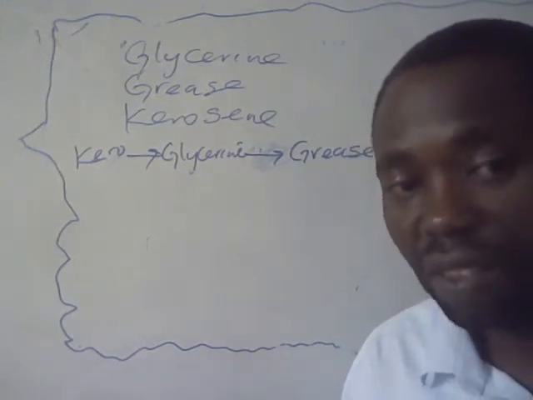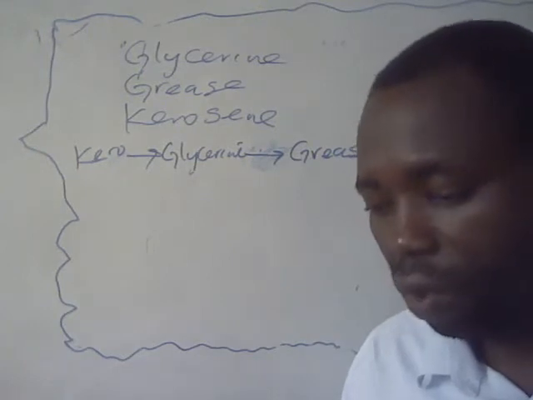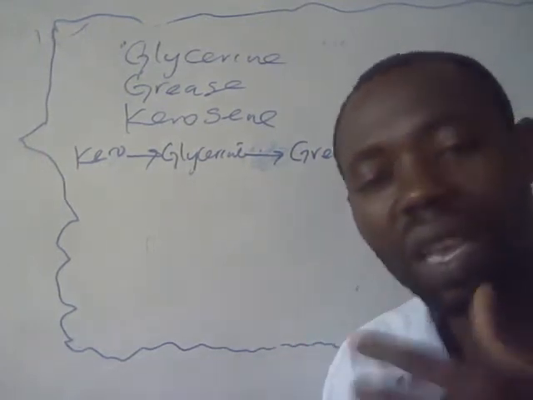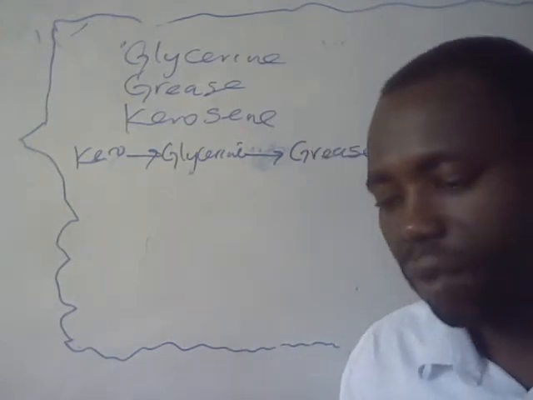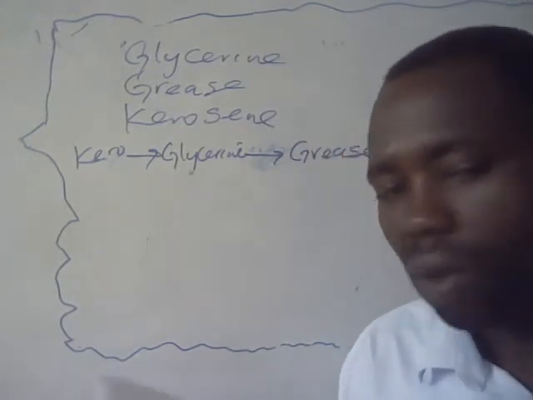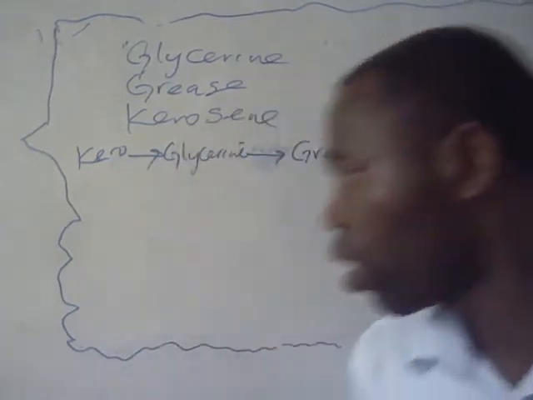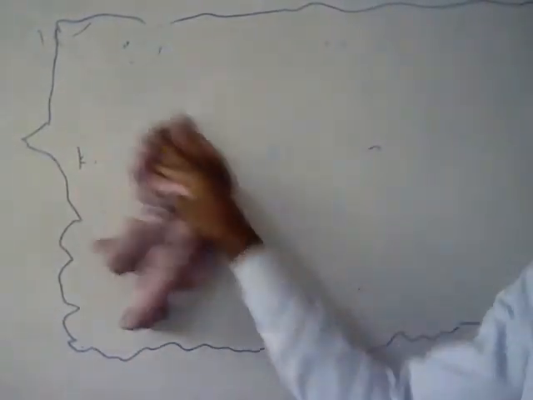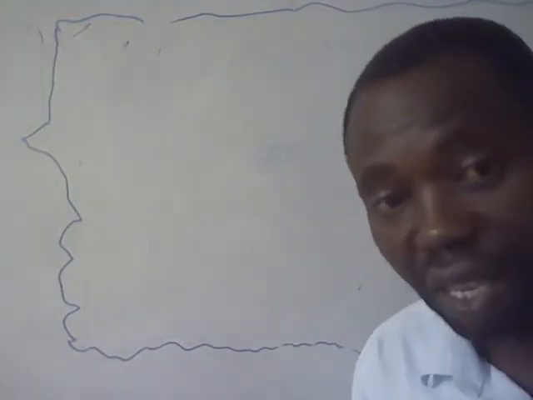So option D is the correct option. Option E is wrong. So for 42, option D is the correct answer.